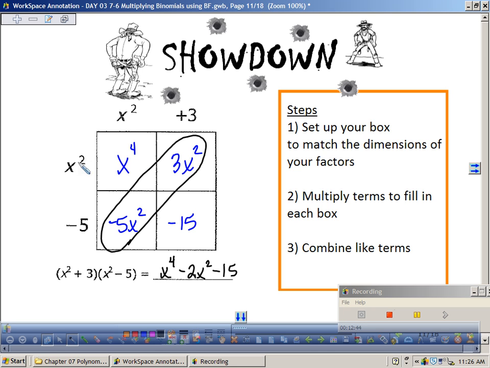This one? No, x squared times x squared equals x to the 4th, because that means x times x, and that means x times x. So x squared times x squared is x to the 4th. You guys got it? Good, fantastic.